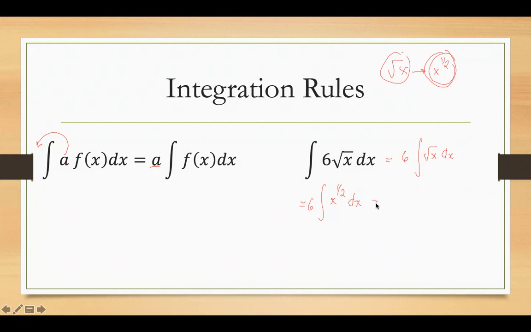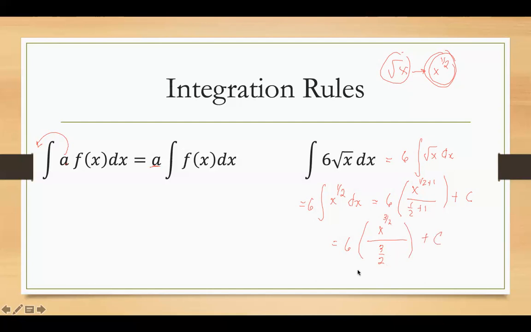If you solve this one, we can apply the previous theorem. So this will be 6 times x to the power of 1/2 plus 1 all over 1/2 plus 1. And again, do not forget c. After that, 1/2 plus 1, I believe it's 3/2, and so this will then also be 3/2.